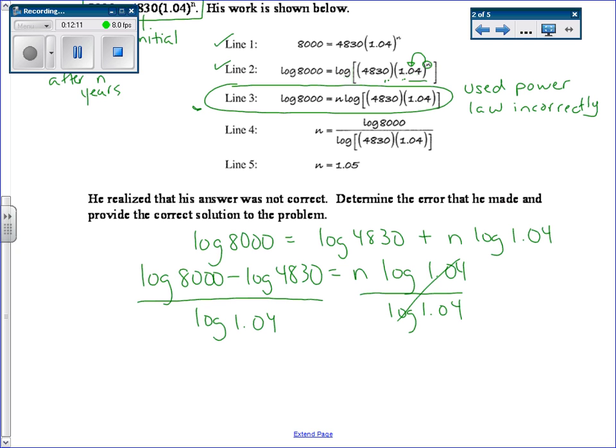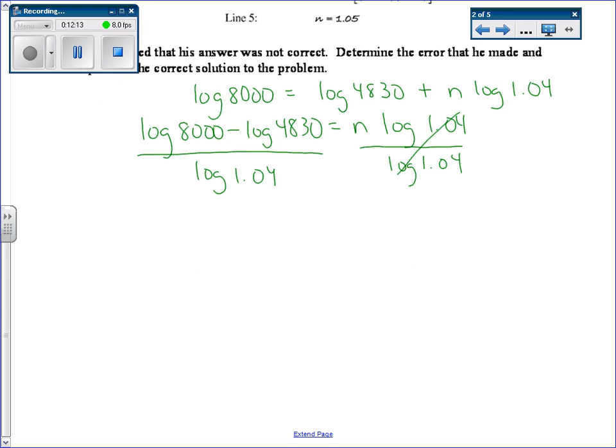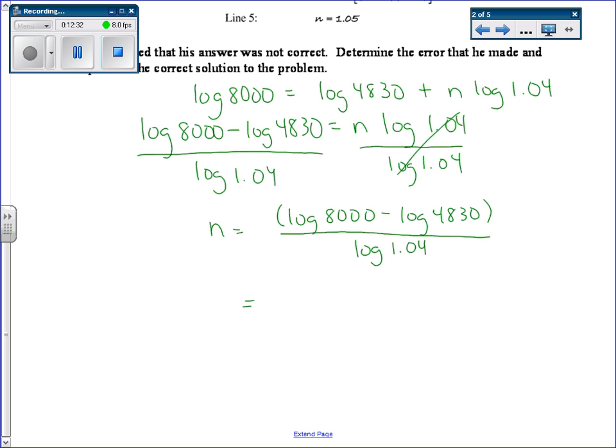So that can cancel. And we are left with n is equal to log 8,000 minus log 4830 divided by log 1.04. And you just have to make sure that you put that numerator in brackets. When you solve this, you should get approximately 12.9 years. Plugging that into your calculator.